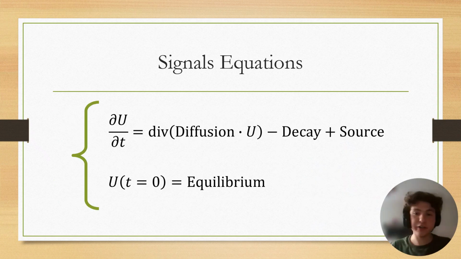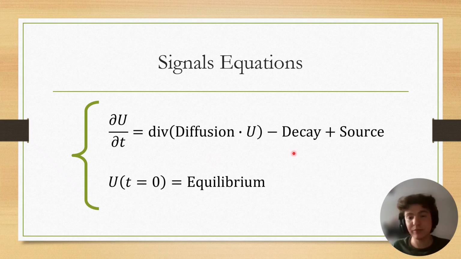Well, signal behavior is modeled by partial differential equations, by a very famous partial differential equation, the diffusion-reaction equation, a parabolic equation of second order. And we have the following components. We have diffusion, which can be symmetric or asymmetric, depending on this part right here, which can be a constant or a function to control the spread of the different signals.